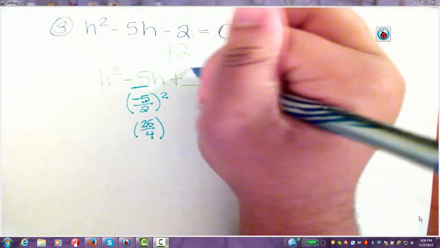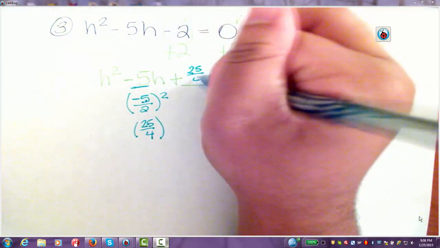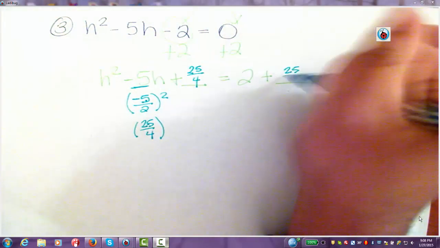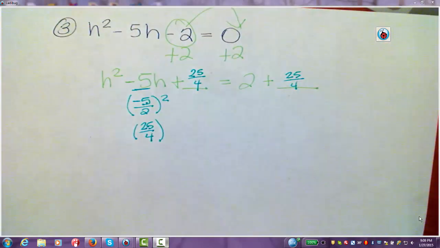So 25 fourths is what goes in the blanks.